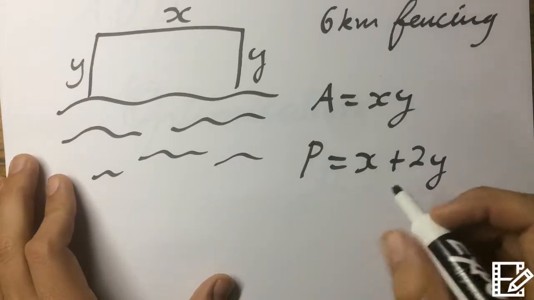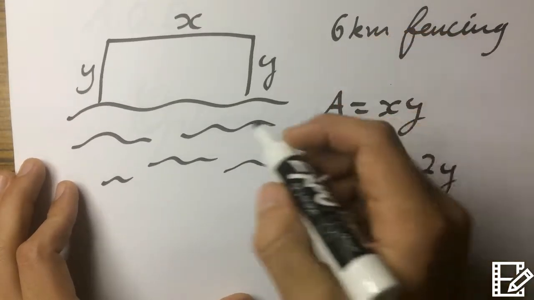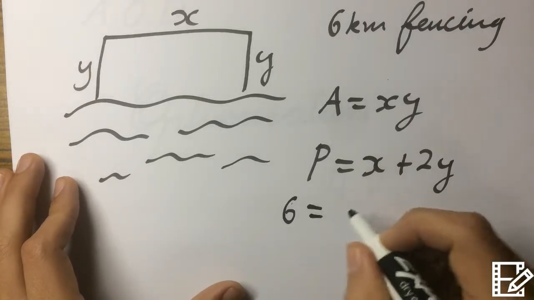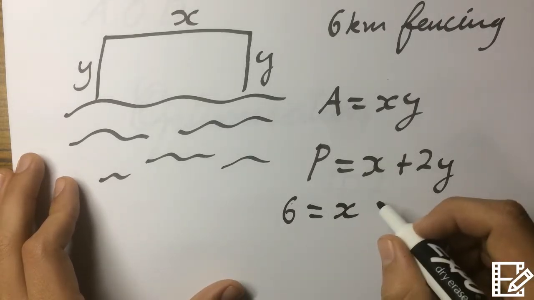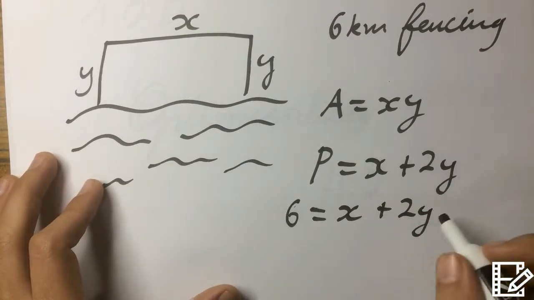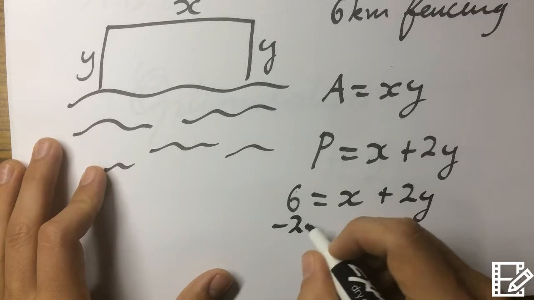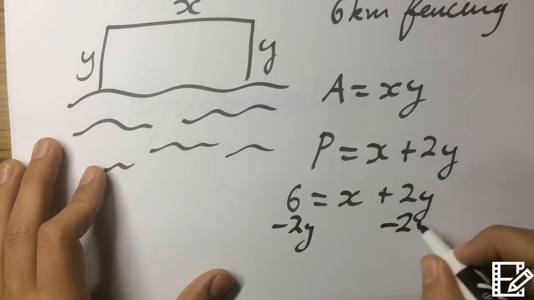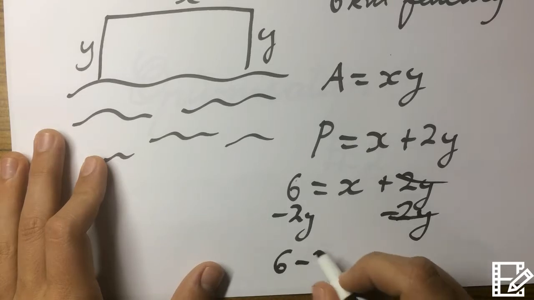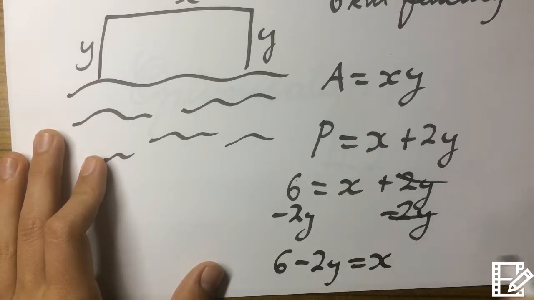So 6 kilometers is the amount of fencing we're allowed to use, so the perimeter will be equal to 6 kilometers. And that will be equal to x plus 2y. Now x is already on its own, so I'm going to subtract 2y from both sides, which will cancel on here, and we'll be left with 6 minus 2y equals x.